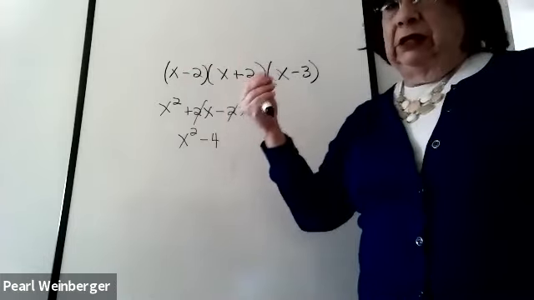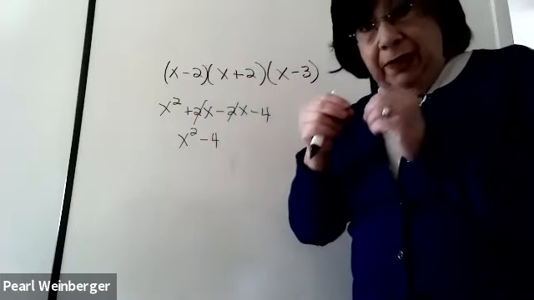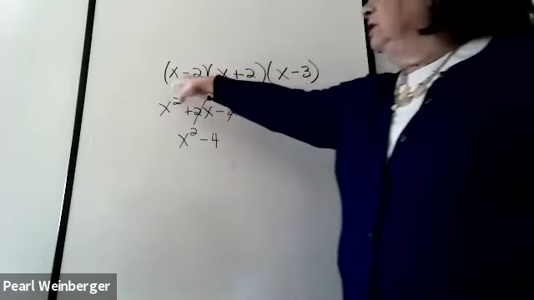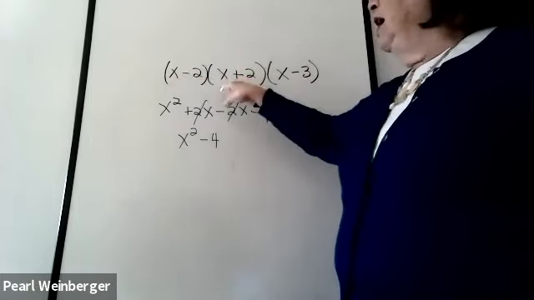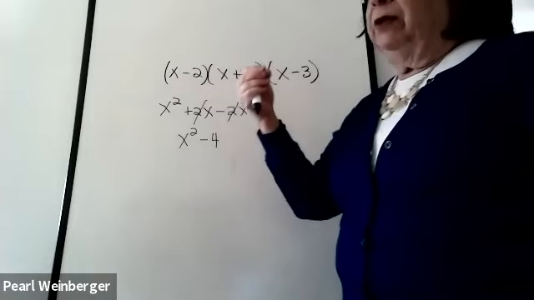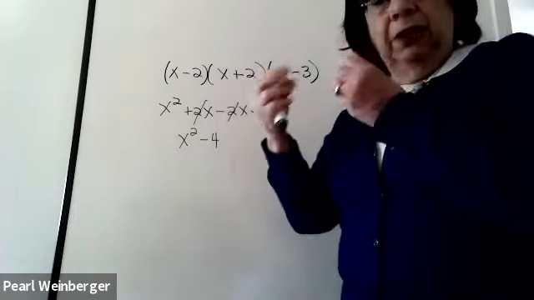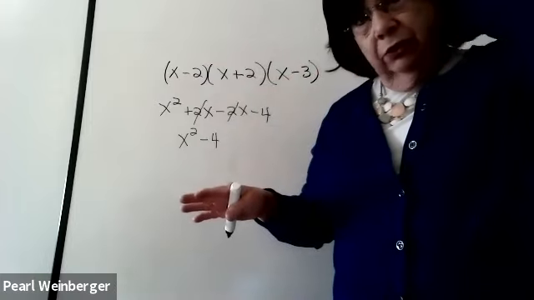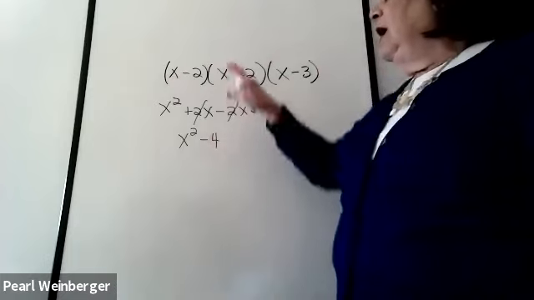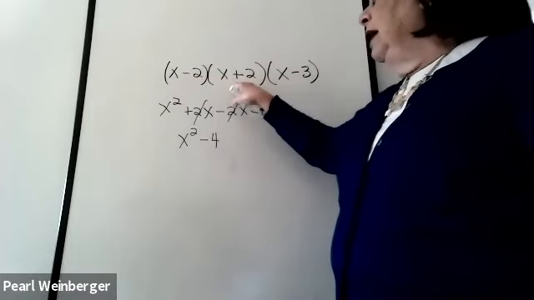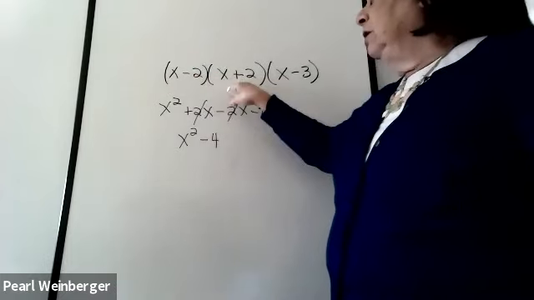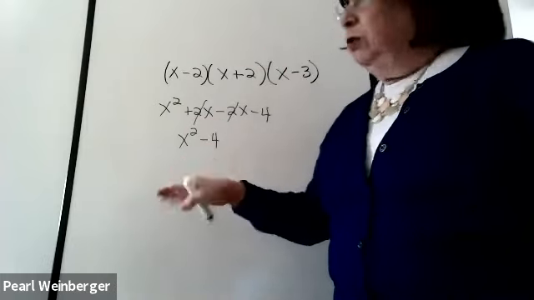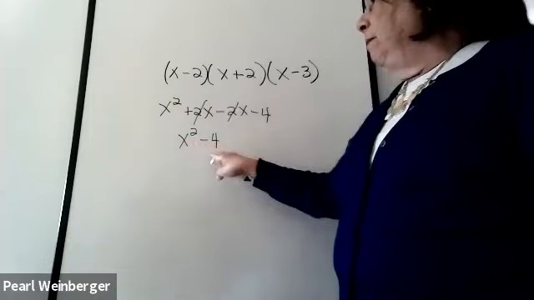2 binomials that look the same except for the middle sign are called conjugate binomials. X minus 2 and x plus 2 are conjugate binomials. Conjugate means that they look the same, but they have a middle sign that is different. Anytime you're multiplying conjugate binomials, you don't get a trinomial, you only get a binomial.